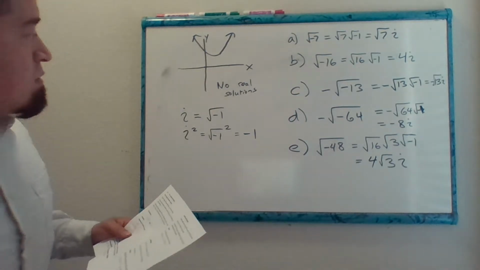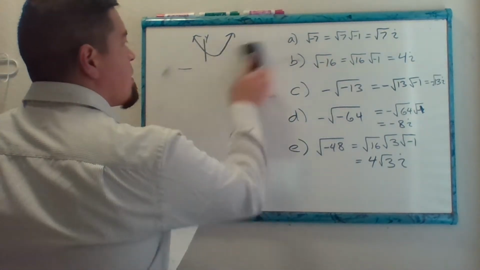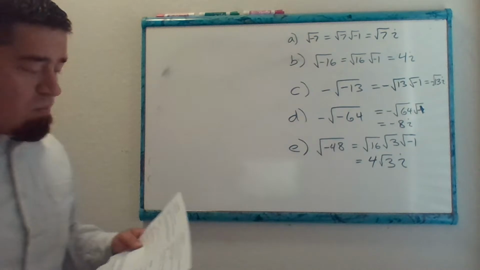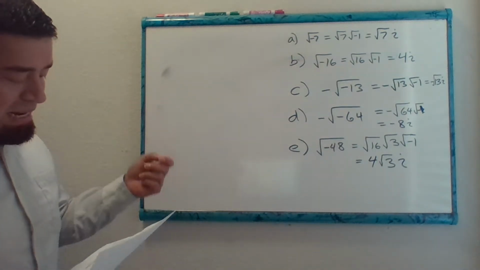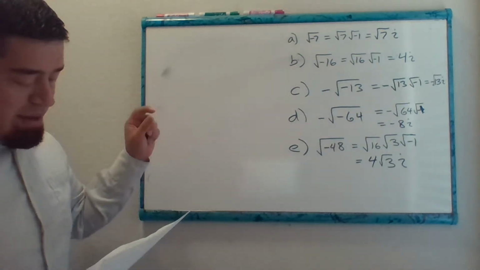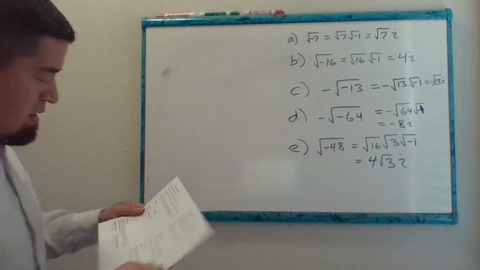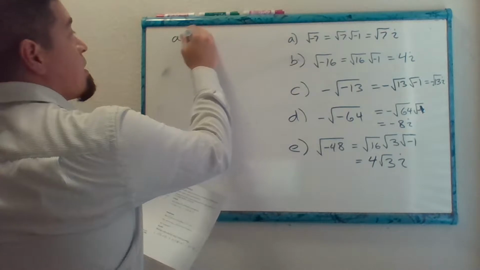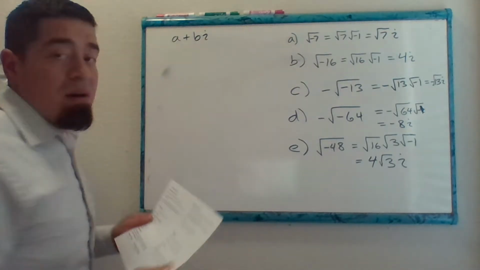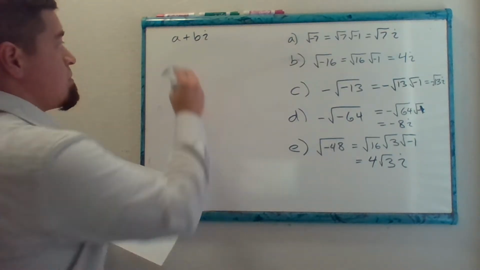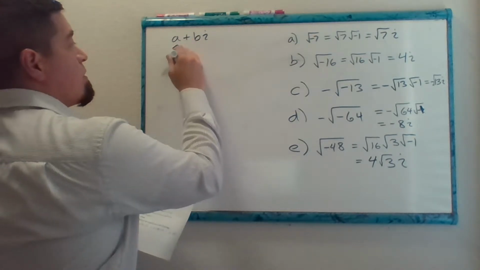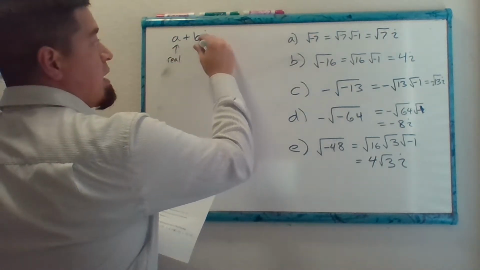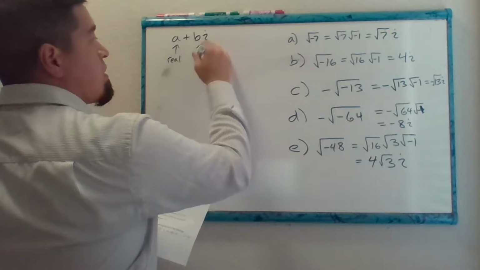Now, to move on to when we combine a real part and an imaginary part, in the way it says on your notes, you end up with what we call a complex number, where a we call the real part, and b we call the imaginary part.